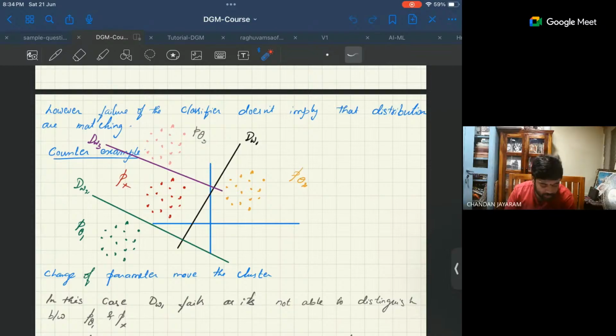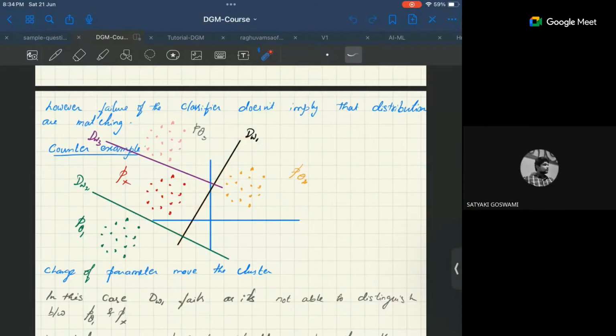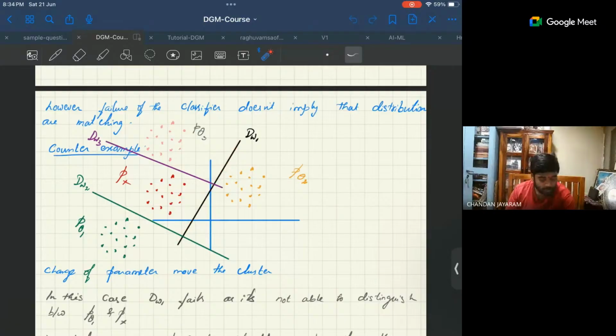Now this line is your discriminator. This is your data p x. Now consider that you come up with this line. There is some labeling mistake here. If this is the line, it is able to distinguish properly.